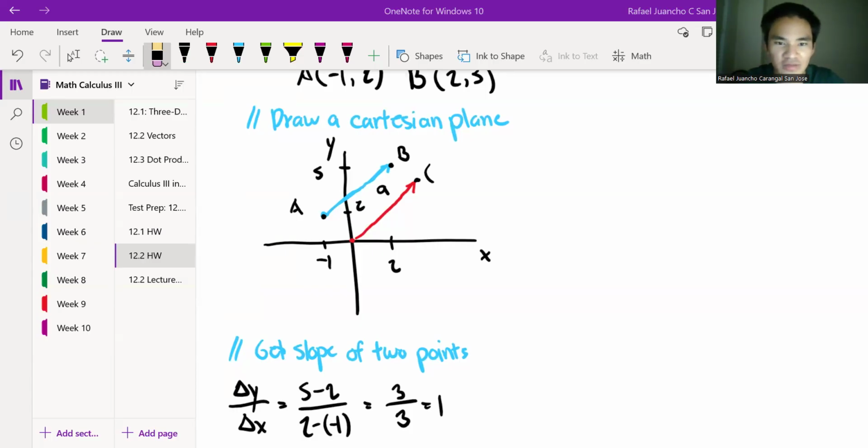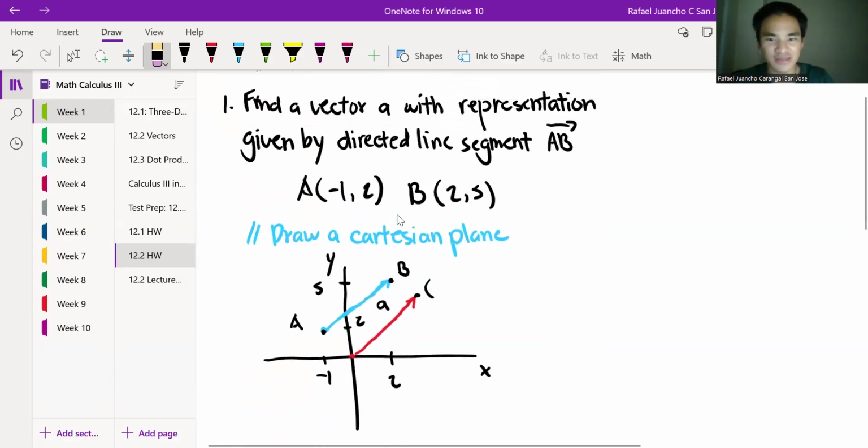Oh, so we want to get the vector. Okay, my bad. I want to get the vector of AB.